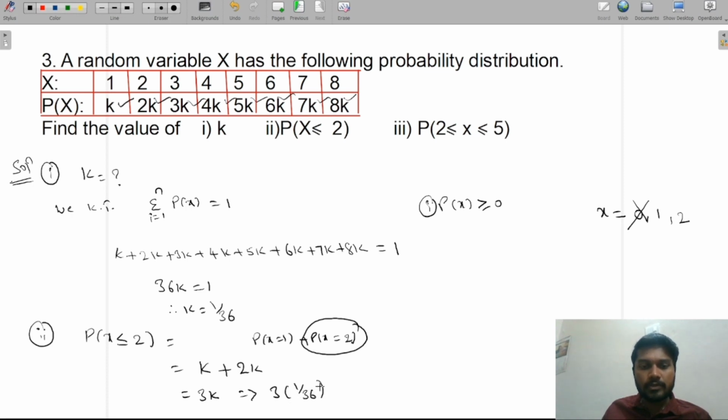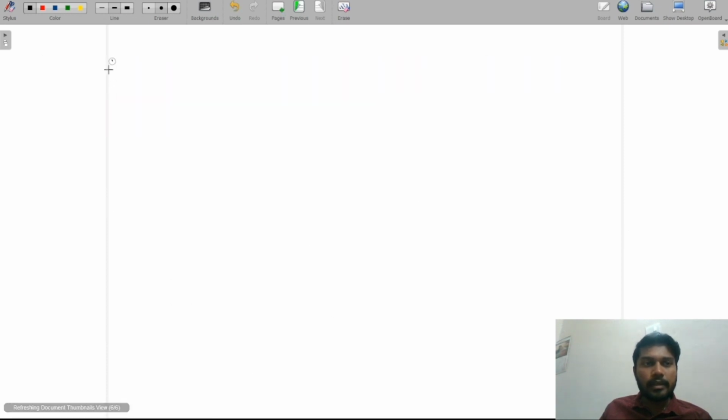So what will be the solution? 3 ones are 3, 3 twelves are 36. So it will become 1 by 12. So I got p of x less than or equal to 2 is equal to 1 by 12. Yes or no?